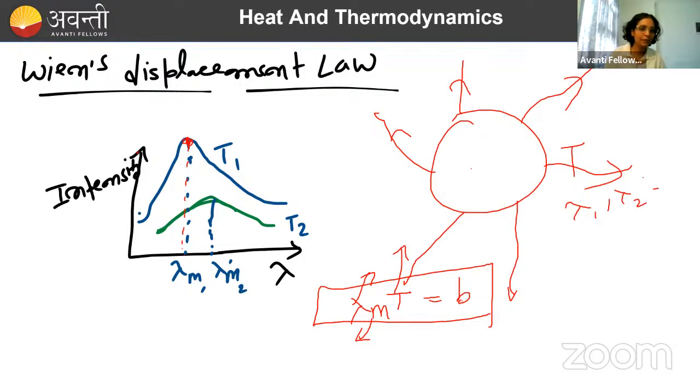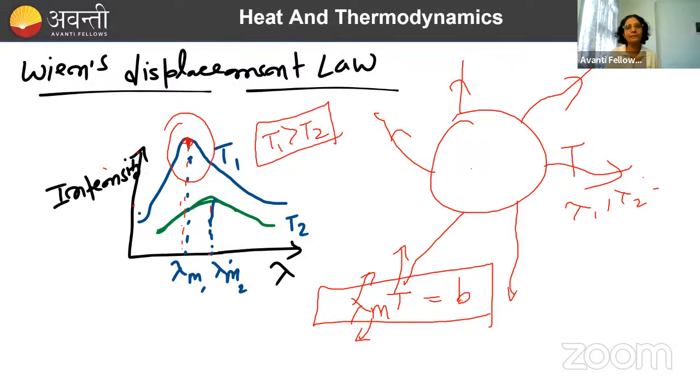Again in Kelvin. From the graph you can see that this body has maximum intensity at a lower wavelength, and this body has maximum intensity at a higher wavelength. So from this graph we can say T1 is greater than T2. How can we say that? Whenever you heat something, like an iron, initially its color will look yellow, but as you give it more heat, its color will turn bluish.